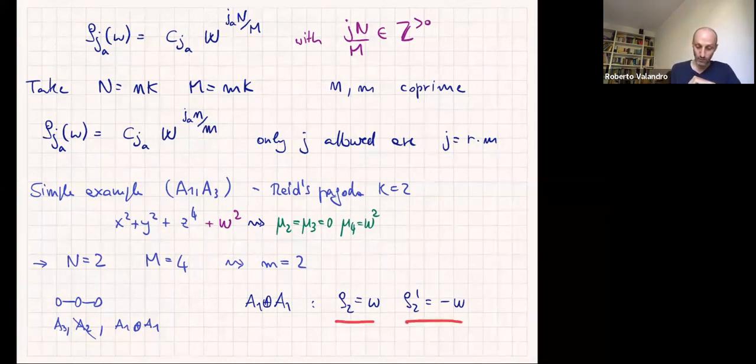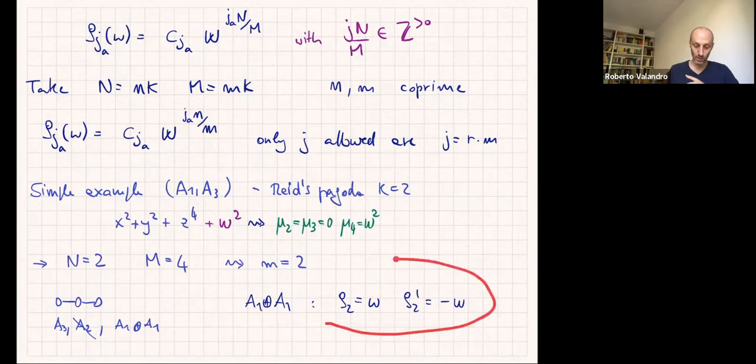Now, if you solve this equation, you find that rho 2 is equal to W, and the other rho 2 is equal to minus W. So playing in this way, you are able to construct the full phi, and then by the techniques that I showed you before, you compute the number of hypers, the resulting symmetry, etc.